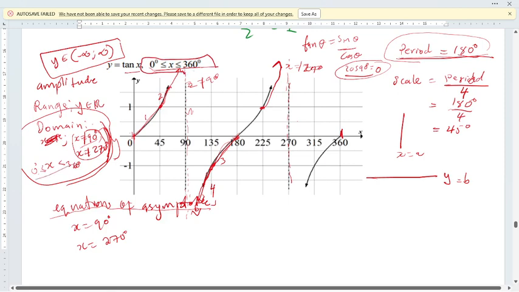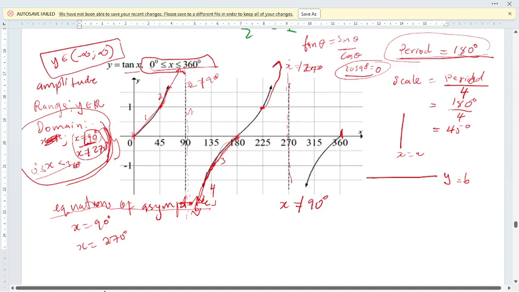Then what happens at 90? The graph does not exist, because that's where the asymptote is, at x equals 90. Therefore, inside this domain, x should not be 90. When I say x, you must say x is not equal to 90 degrees.